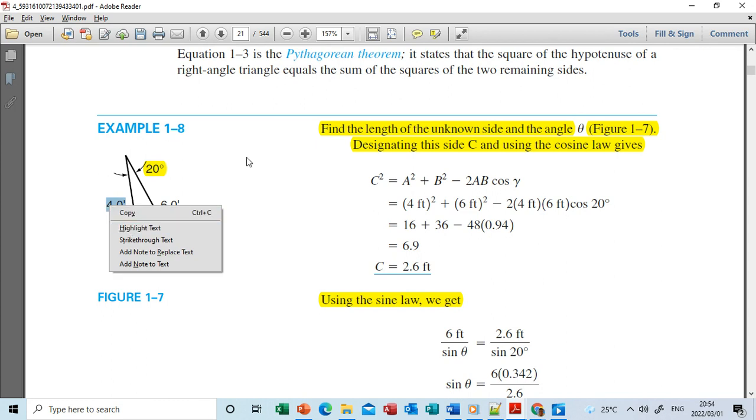I don't know if I can write on top of a PDF. I want to show you something. How do I write? Is it possible for me to write here? Because there's highlighting.